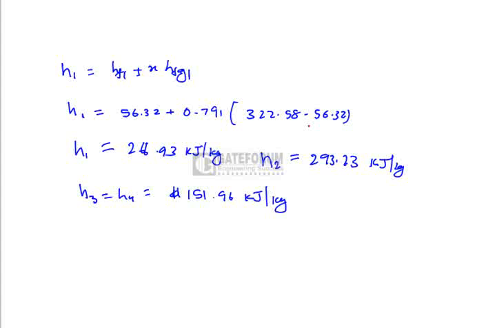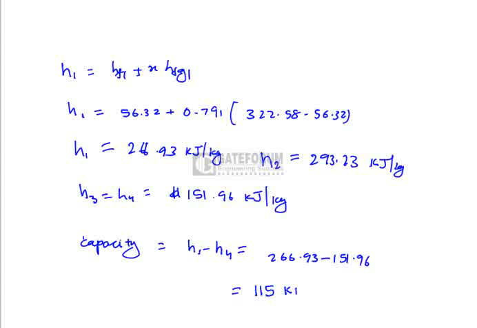The refrigerating effect of the system comes from the process 4 to 1, so the capacity of the refrigerator is equal to h1 minus h4, which is 266.93 minus 151.96, giving a value of 114.9 or nearly 115 kilojoule per kg. This is the capacity of the refrigerator, and the correct option is C. C is the right answer for the first question.